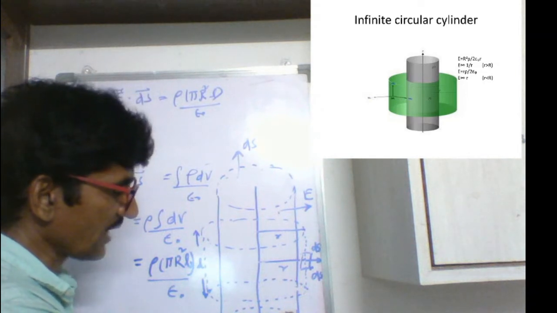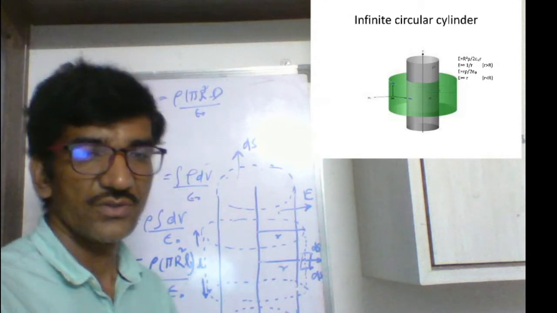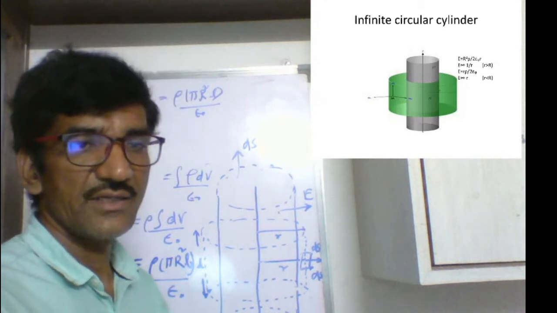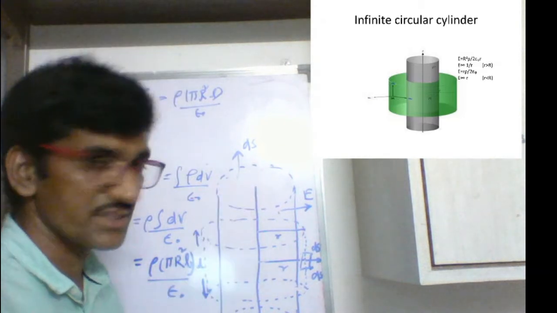What is the angle between E and ds? 90 degrees. So for E ds cos 90, you end up with 0. The same thing happens here also.